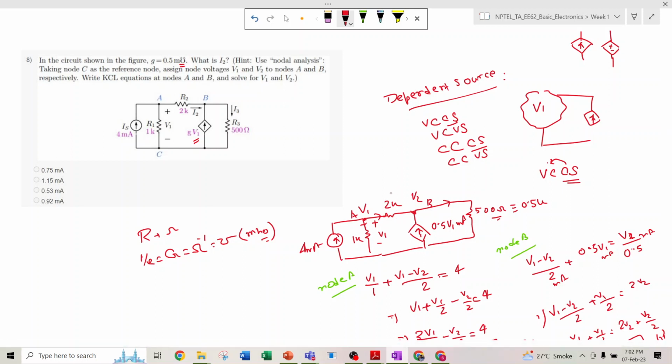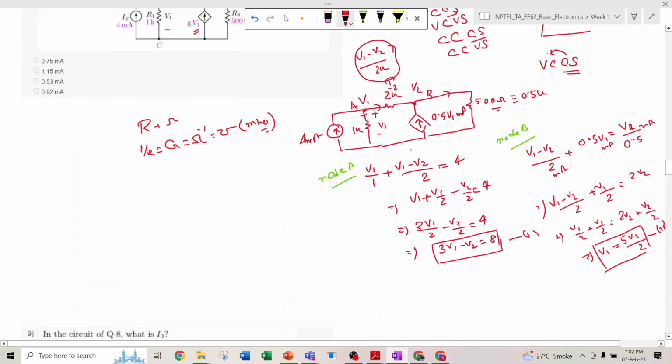So this I2 according to the question is nothing but V1 minus V2 divided by 2K. To solve this, V1 is 5 V2 by 2, so we are putting the value of equation 2 in equation 1. So 3 into 5 V2 by 2 minus V2 is equal to 8.